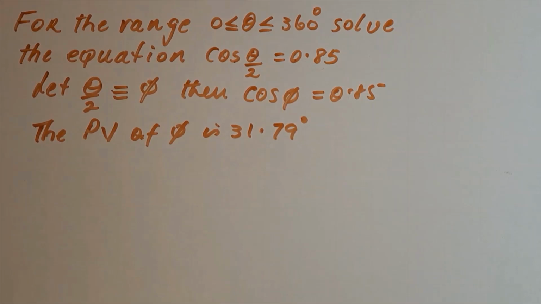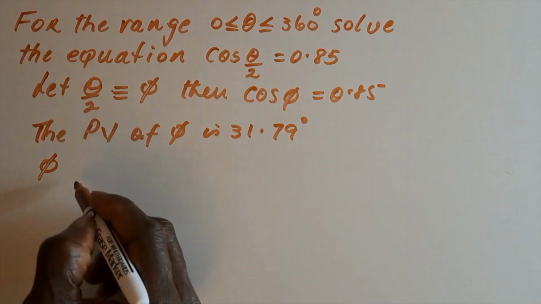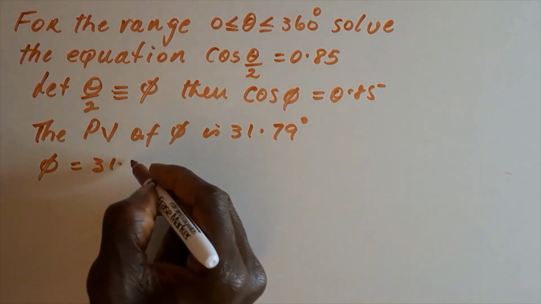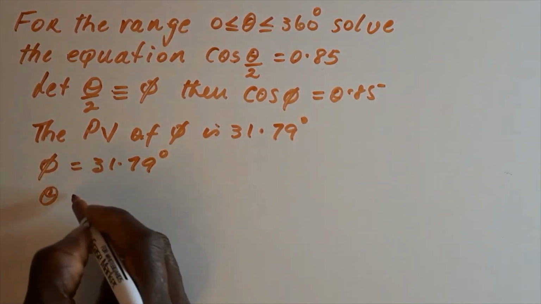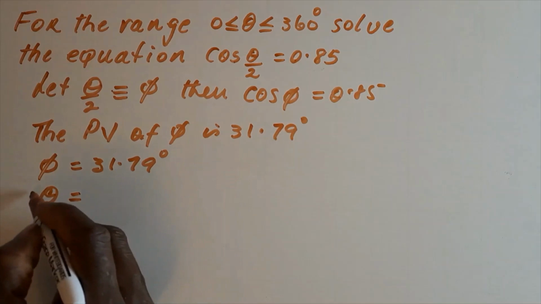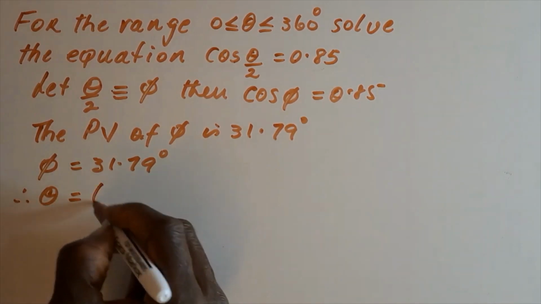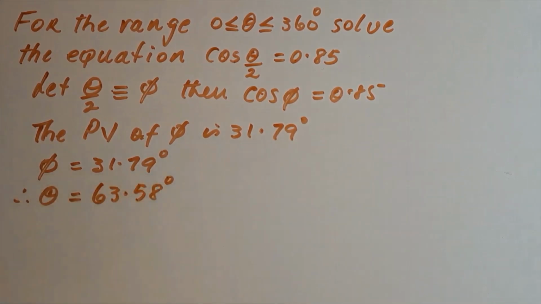So the range of phi, which is theta over 2, is 0 to 180. So we have phi is equal to 31.79 degrees, which gives us that theta is 63.58 degrees.